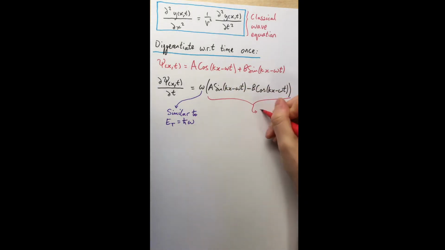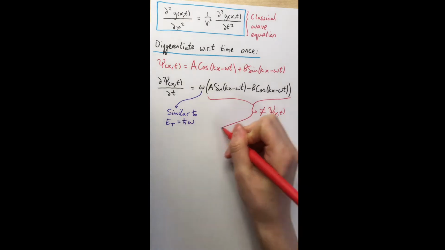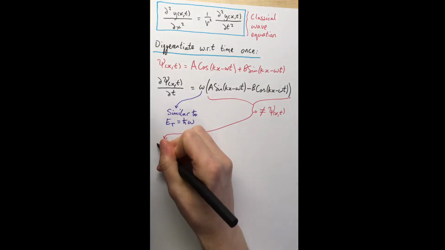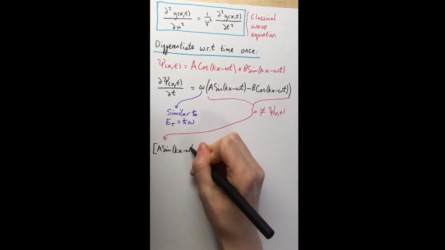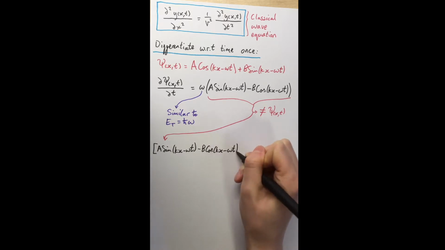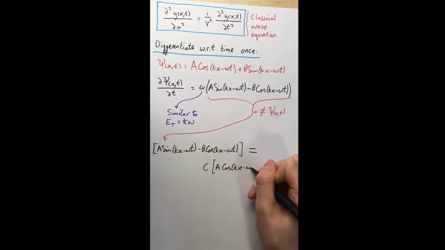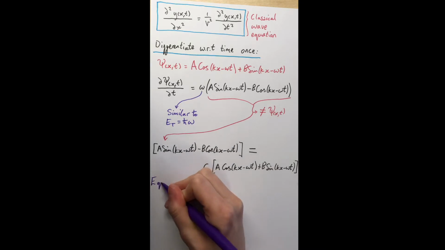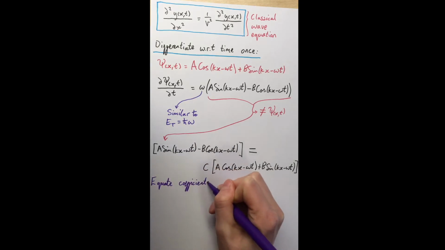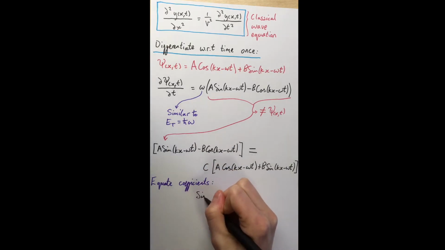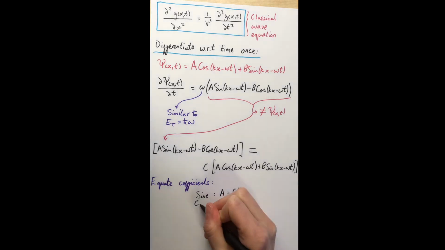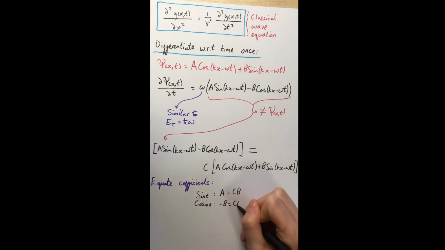But we can see that our function in the brackets isn't quite our original wave function solution as we would like. So we'll see if we can write this as some constant c times our original wave function. To find c, we can equate the coefficients. Let's look at the ones for sine and then cosine.